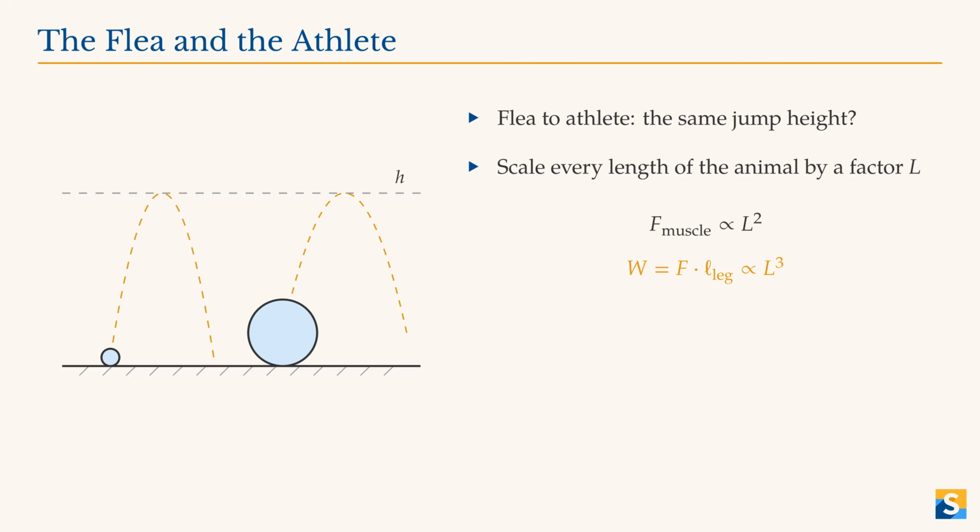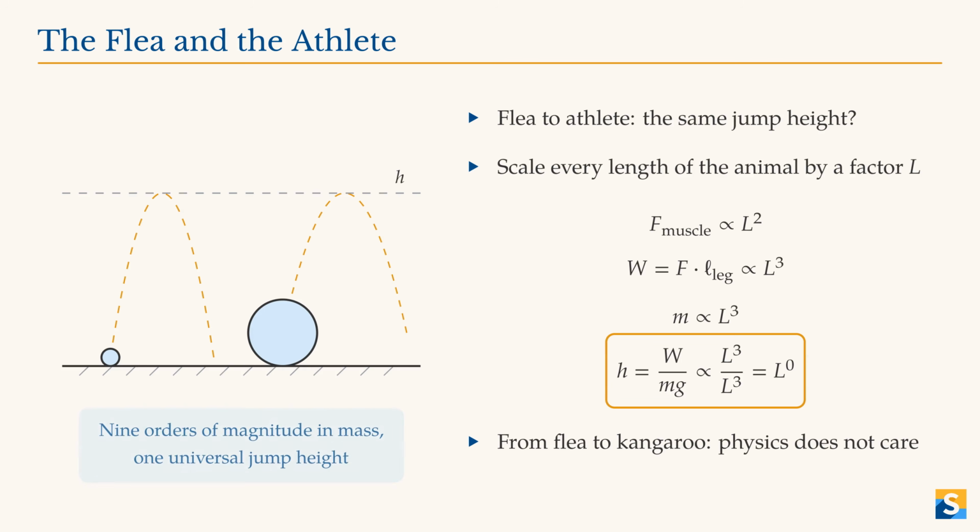The work a leg does in one push is force times leg length, L cubed. But the mass being launched also grows like volume, L cubed. Jump height is energy over mg, so the L cubed on top cancels the L cubed on the bottom. Jump height is independent of size.